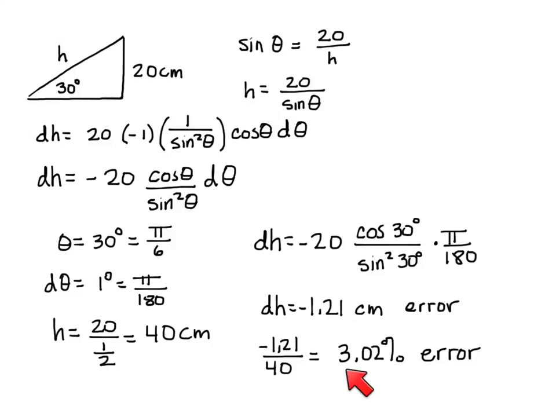Okay, so let's look at the interpretation of this. This is negative now, right? Now what does it mean? That means that if my angle gets bigger, my calculation of the hypotenuse should be shorter. And think about if I make an extreme sketch on the board here.